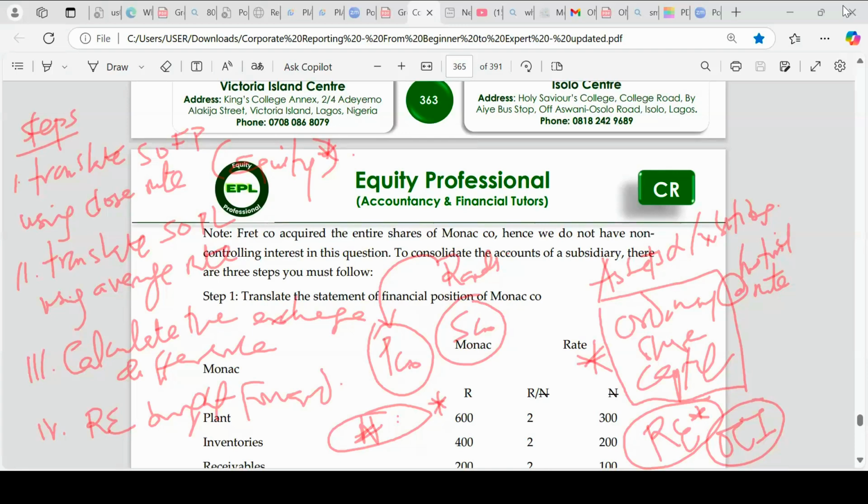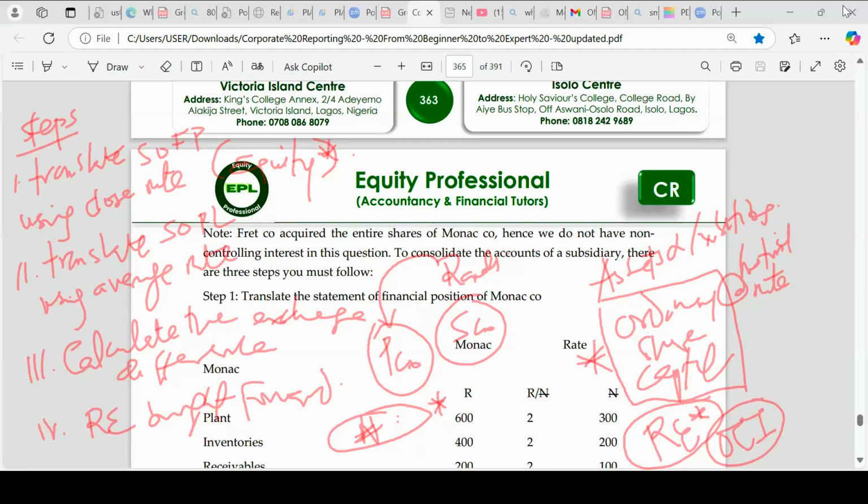You take it to your retained earnings, and the income leg will not go to P&L, it goes to your OCI. And then if the question is asking you to do a consolidated statement of changes in equity, then you are going to get the retained earnings. Okay, now let's get into it.